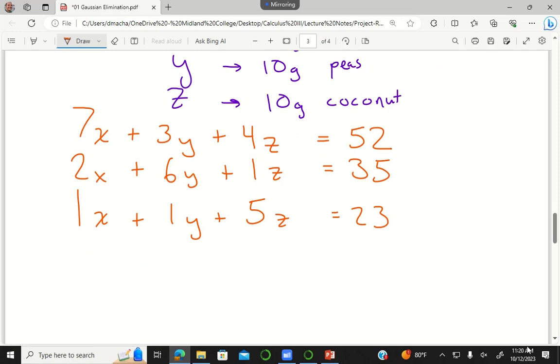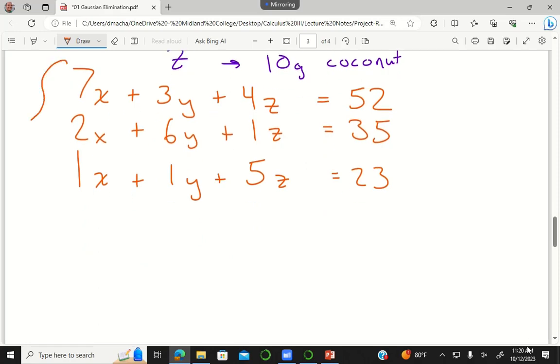So now this is a system of equations where I've got 3 equations and 3 unknown variables. And if I just solve these for x, y, and z, I'll know exactly how much oats and peas and coconut you want to add to your smoothie to hit exactly those carb, protein, and fat targets.